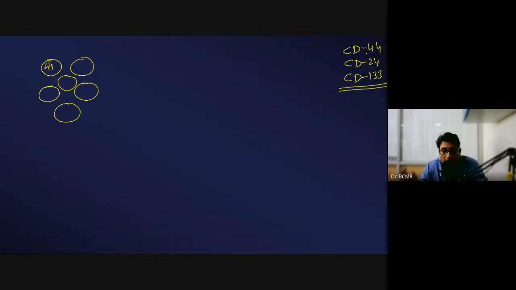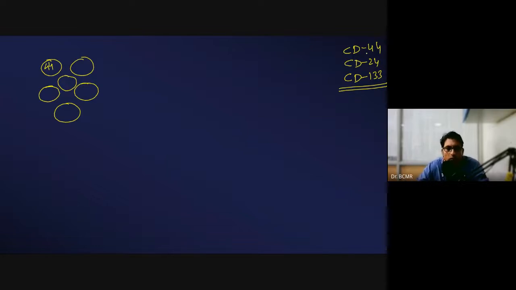Okay, I'll try to use this space here, and let's see how we get it. I'm not going to write these cell surface markers, but I'm going to put a number in between them. Say, for example, I put 44, it would mean it is CD44. And I would use CD24 and CD133. These are the most common ones found in the majority of different types of cancer stem cells.